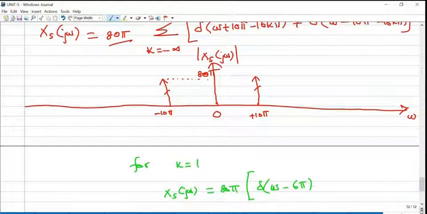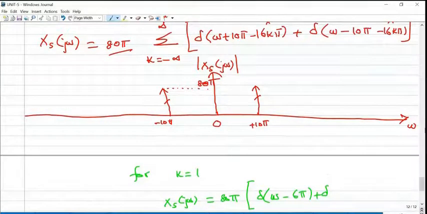This side, δ for k equal to 1: minus 16 minus 10, you will get minus 26, δ(ω − 26π).